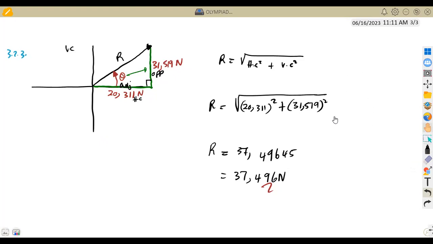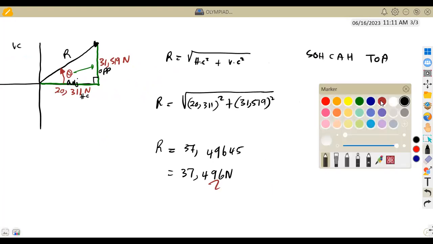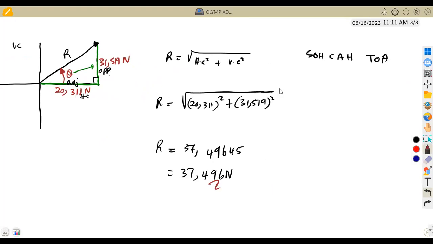Which ratio can we consider which has both the opposite and the adjacent from our SOH CAH TOA? Remember, in this case we need the ratio that has the opposite and the adjacent at the same time, which is the ratio of tan. So the tan of theta is going to give us the opposite over the adjacent, where we are considering our opposite as the vertical component. So it's the vertical component over the horizontal component.